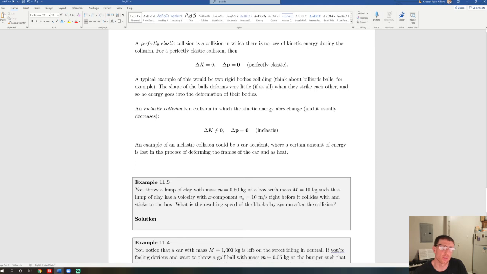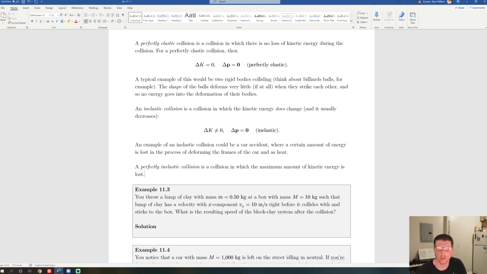And so the last one is going to be, like I said, a subcategory of just a regular inelastic collision, and this is called a perfectly inelastic collision. There we go. And this is a collision in which the maximum amount of kinetic energy is lost.